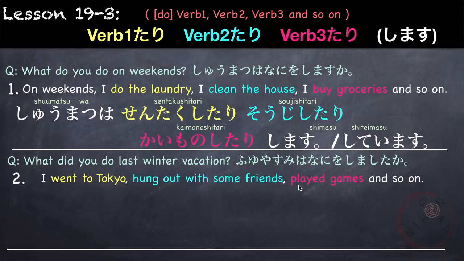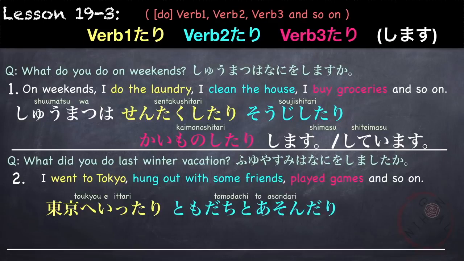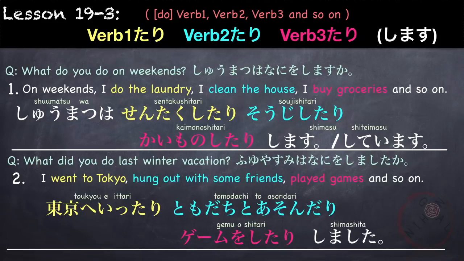So, watashi wa Tokyo e ittari, tomodachi to asondari, gēmu o shitari, and since this is in the past form, we say shimashita. As you've noticed, the tense of the verbs doesn't really matter. Just put them in the tari-tari form, and then the last part will determine what tense the sentence is.